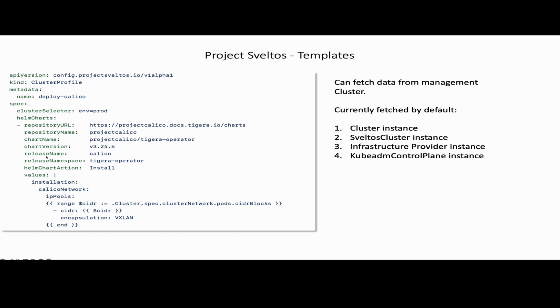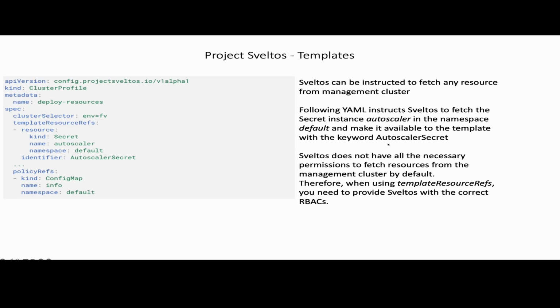By default, Sveltos can fetch certain resources in the management cluster: Cluster API resources like the cluster instance, the infrastructure provider instance, the Kubernetes control plane, or the Sveltos cluster instance. But essentially, Sveltos can be instructed to fetch any information from the management cluster, provided that Sveltos is granted the permission to do so.